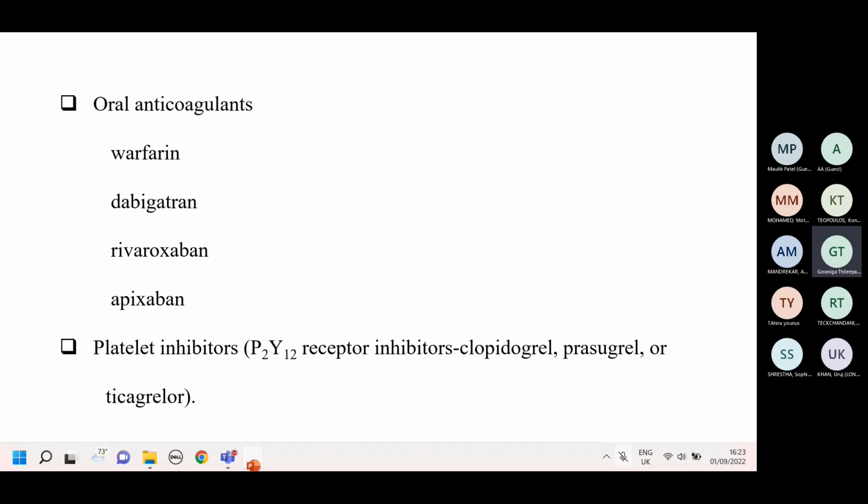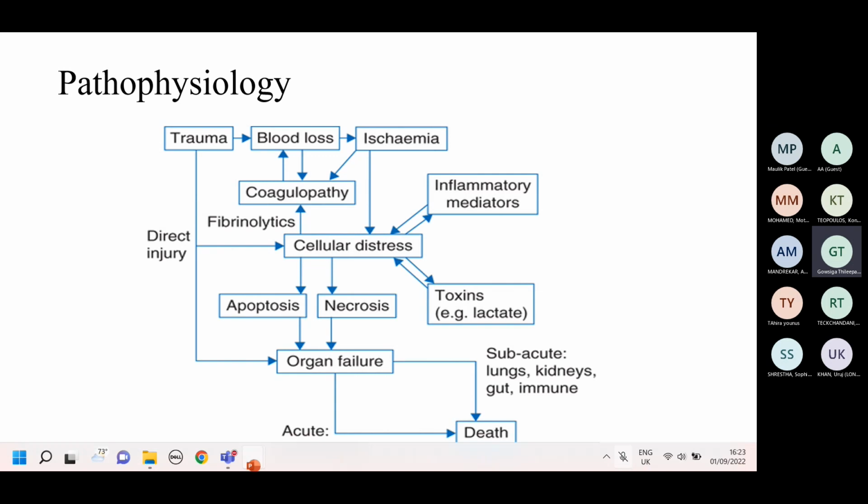Patients on these drugs have an increased tendency to bleed. You should be aware of these causes when you detect a patient bleeding, so you should think of all these causes and sort out each and every one.